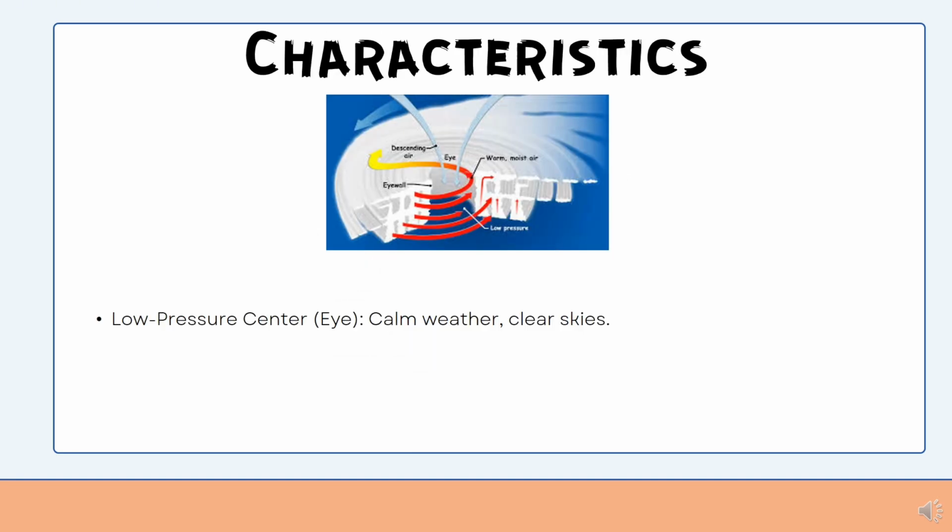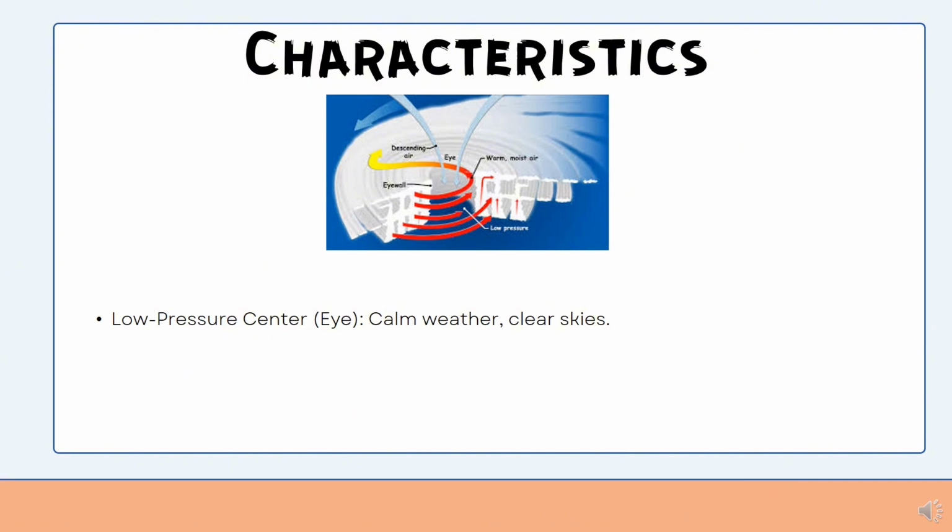Okay, what are the characteristics of these tropical cyclones? First things first, a tropical cyclone will have an eye in the center. This eye has a low pressure, which is less than 1,000 hectopascals. I've once had a question asking what hectopascals are.